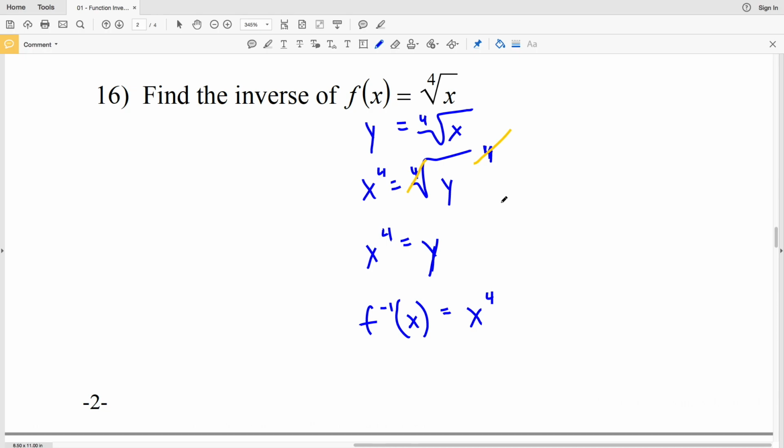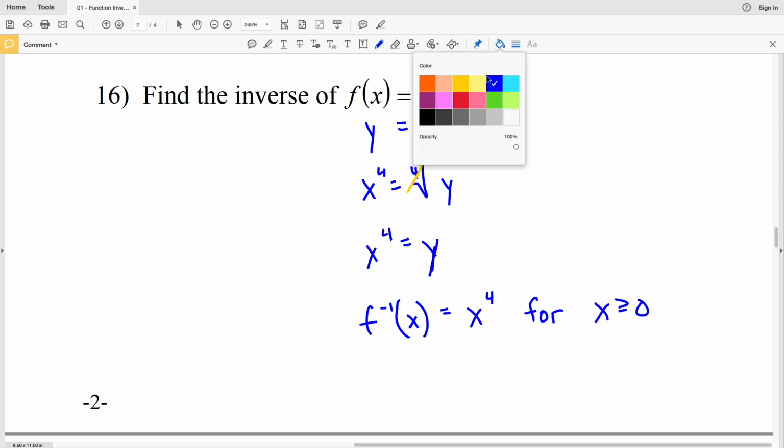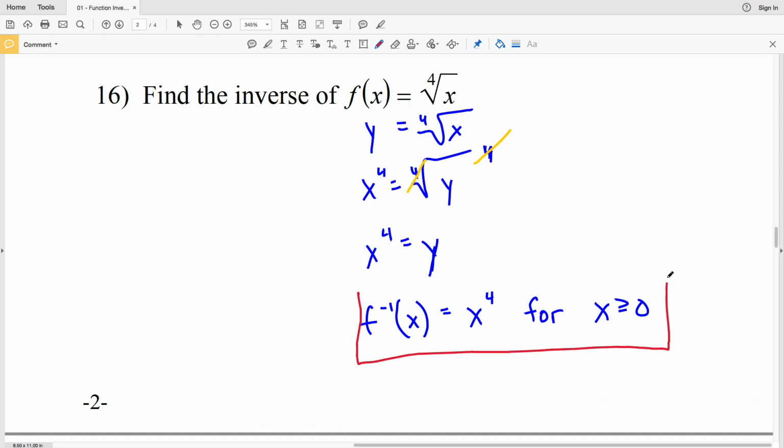But that's not our final answer. The inverse of f of x has a restriction on the domain. The inverse function f of x equals x to the fourth for values when x is greater than or equal to 0. That is key, because when taking the fourth root of x in our original function, x cannot be negative.